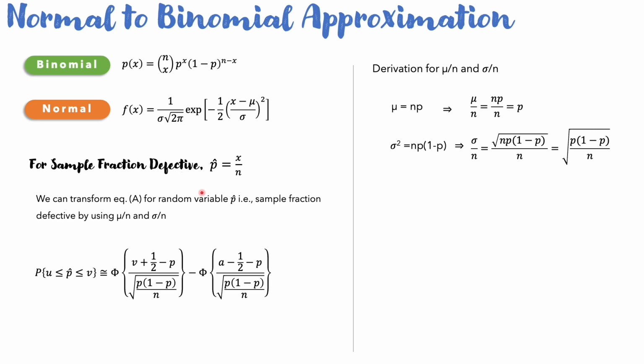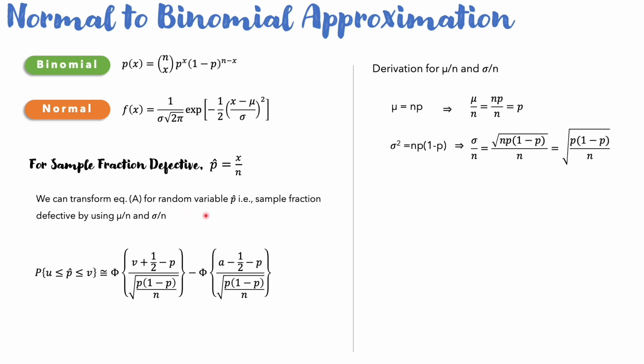So for this one we can also modify our previous formula for sample fraction defective, because this p hat is also a random variable, like the variable x, and we can estimate for this one as well. If we want to do it for this sample fraction defective, then we divide the mu or mean by n and sigma or standard deviation by n also in the previous formula.